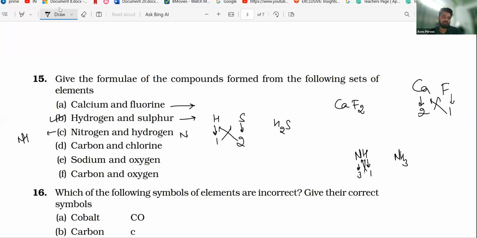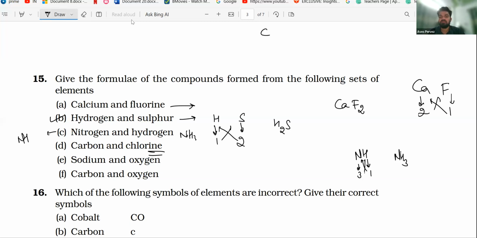Yes, Abdul Jabbar, what's the formula of carbon and chlorine? Sir, what is carbon? Sorry, carbon is C. Carbon and chlorine, tell me, Abdul Jabbar.